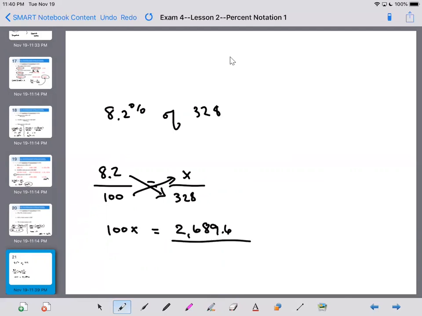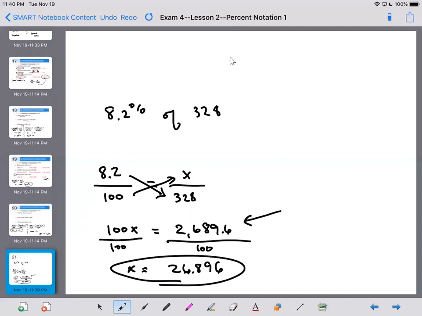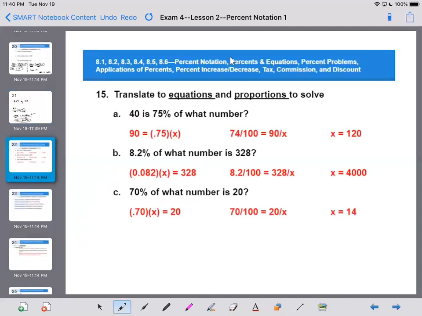So when I divide both sides by 100, this number slides to the right because it gets smaller. So it'd be 26 and 896 thousandths. And so that would be our answer if we used a proportion method.